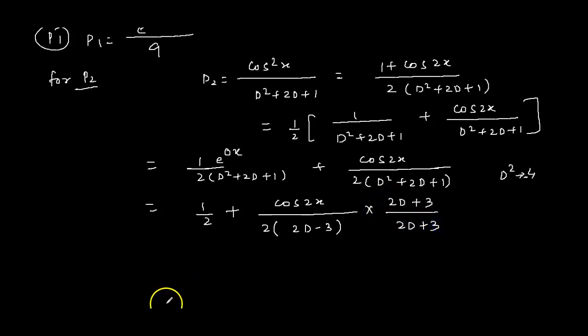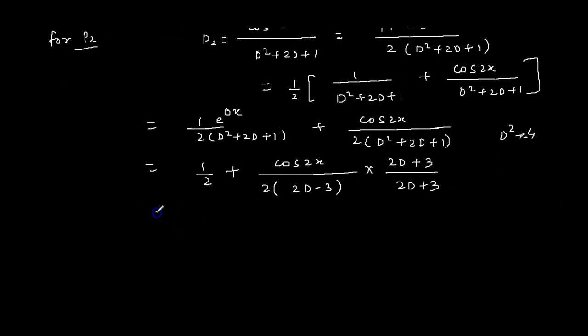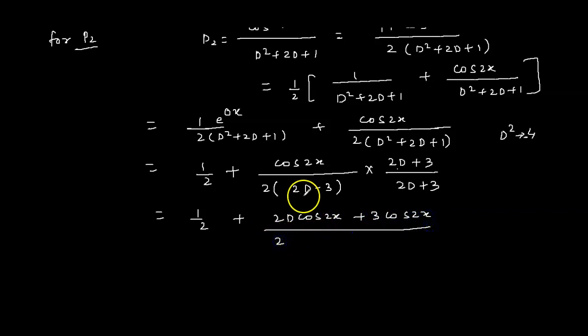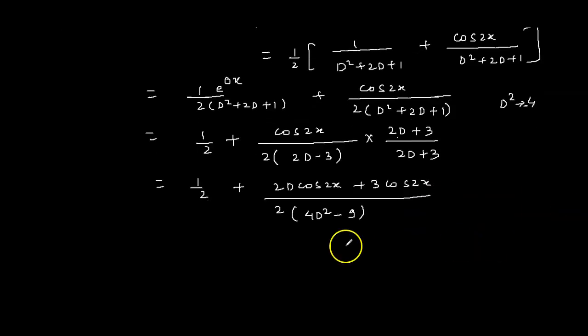So we have to do the rationalizing, applying the conjugate of the denominator. Here it will become D square, and we can replace it. So this is 1 by 2, this into this: 2D into cos 2x plus 3 into cos 2x divided by 2, as it is only. This is a minus b, a plus b, a square minus b square: 4D square minus 9. Any doubt till here?